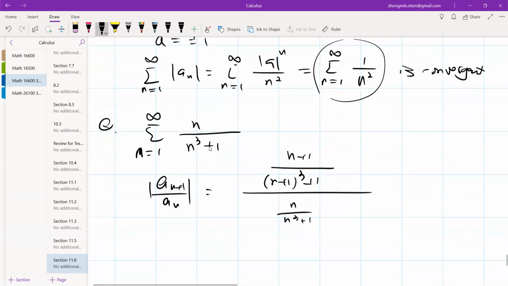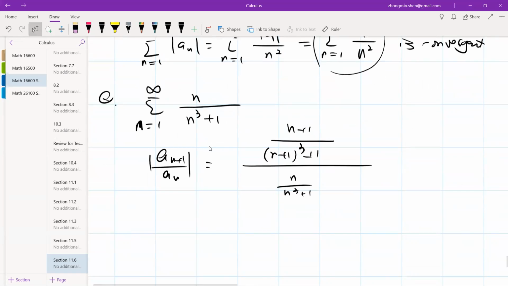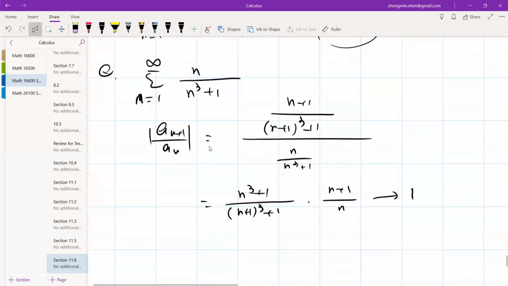But after you simplify, I promise you the limit approaches 1, okay? So if L is 1, and you look at the ratio test, you cannot say anything. Of course, if you make mistakes, your limit is not going to be 1, then you get a conclusion.